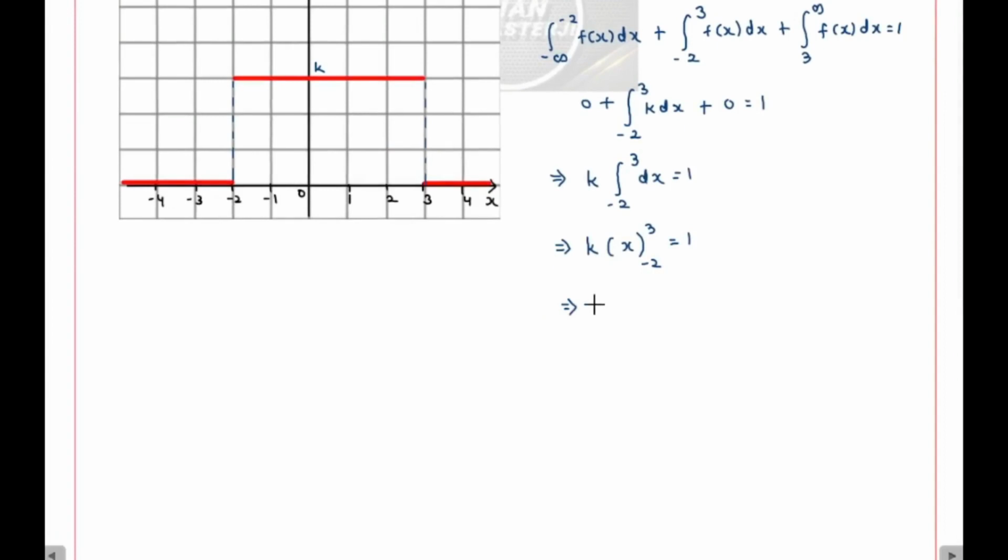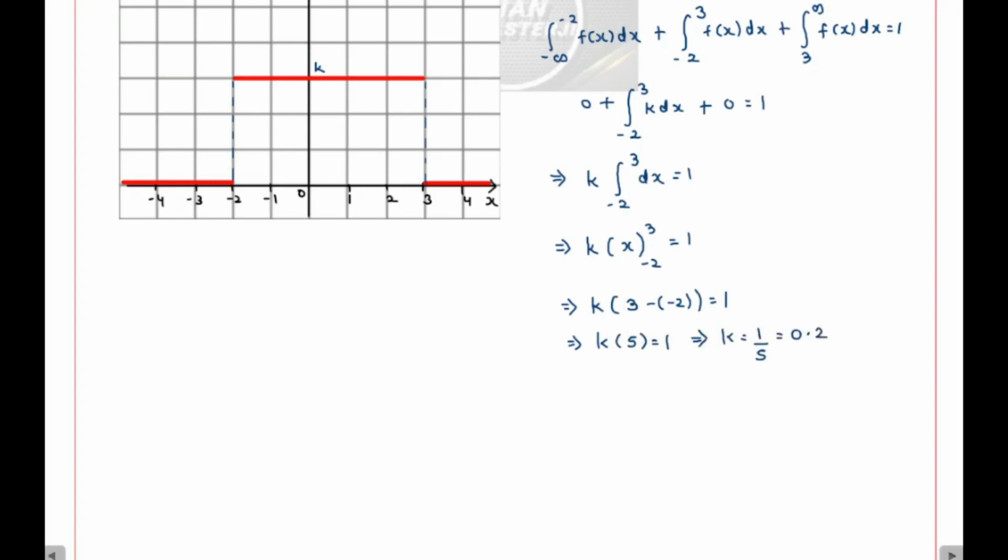So let's try to put the limits here. It becomes 3 minus of -2. This is equal to 1. So here what do I get? I get k times 5 is equal to 1. It means k is equal to what? 1 by 5, which is nothing but 0.2.